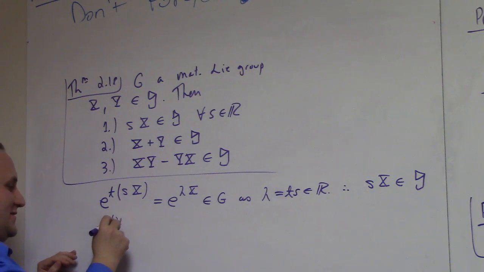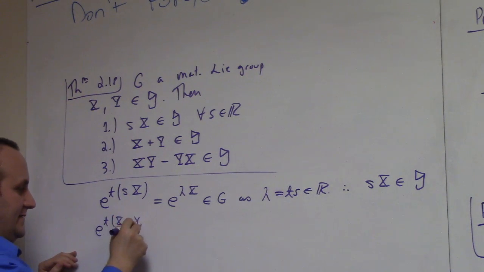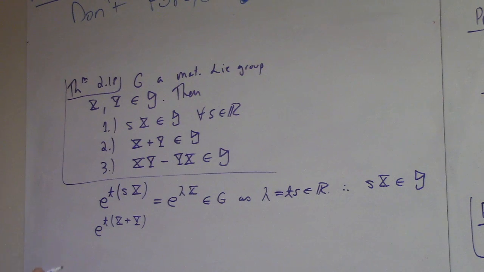Now, e to the t times X plus Y. Can we use the distributive property here?